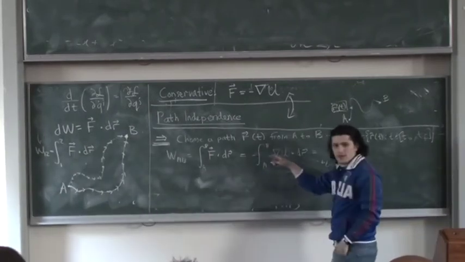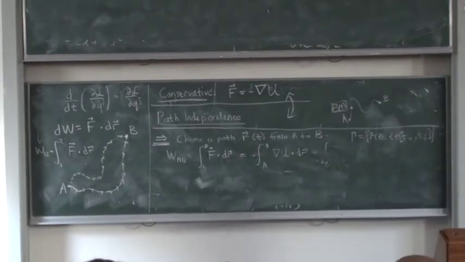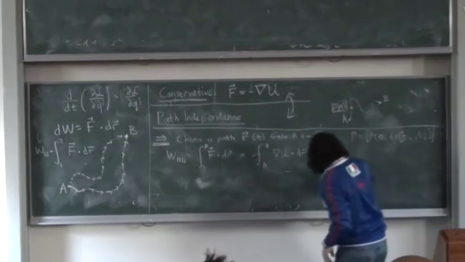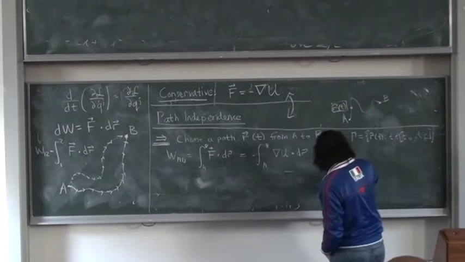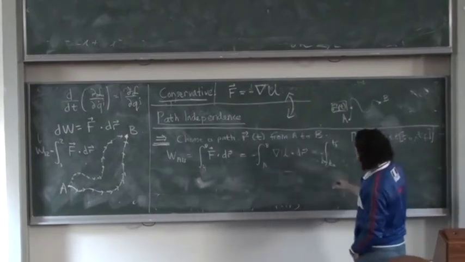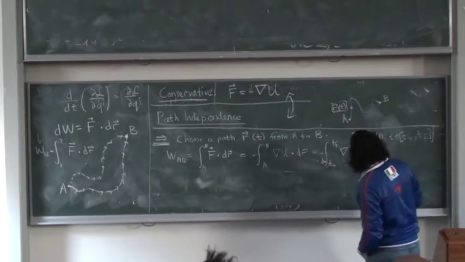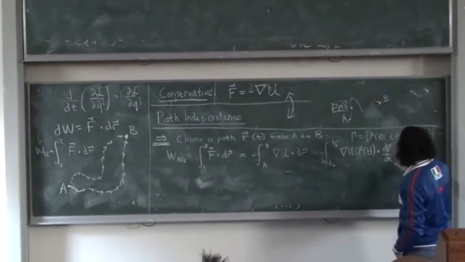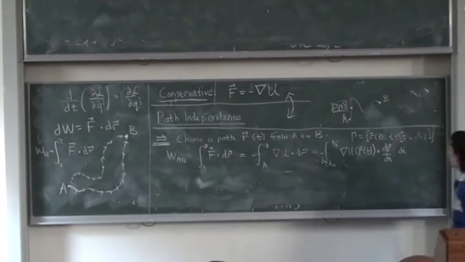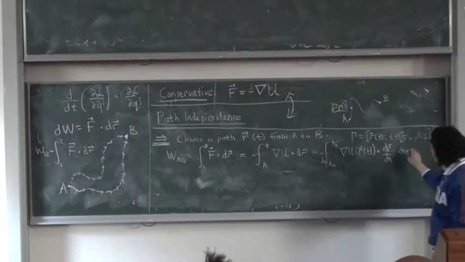When I write this out as a proper path integral, it looks like the integral from time naught to time at the end of the gradient, evaluated at r(t), dot dr/dt dt. So that's my path integral. Assuming, of course, that we're evaluating this one also at each t value.